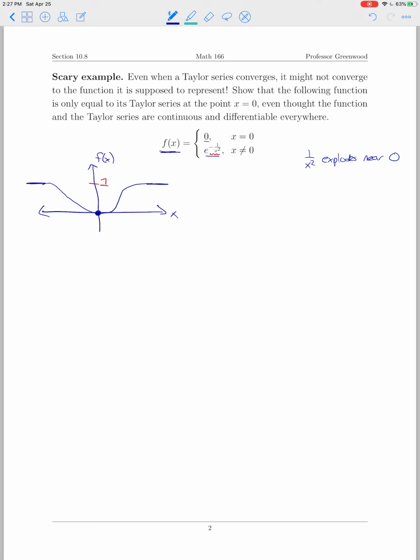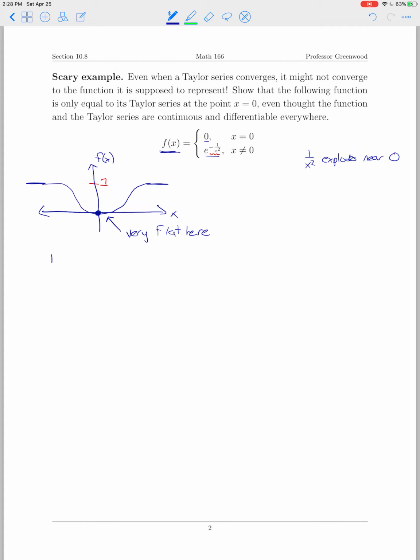And so if I connect the dots here, then I'm going to get something that looks like this. And it turns out that actually, if you draw this a little more precisely, the function is really, really flat near x equals 0. And the reason why that's important is because you could compute the derivatives of this function. And because it's a piecewise function, it ends up being a little bit annoying, and you would have to do some careful limit tracking here of functions as they approach 0.